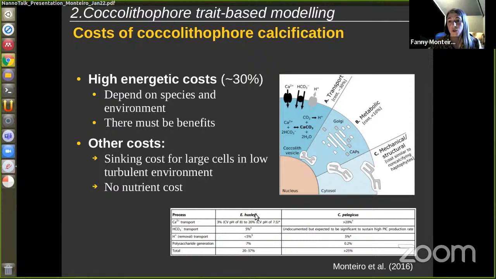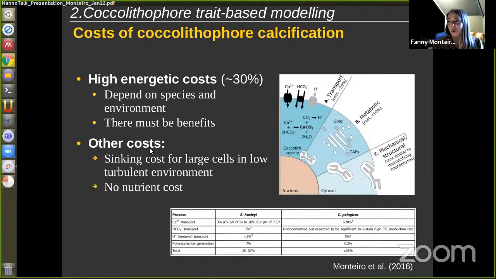We did estimates for two species, Emiliania huxleyi and Calcidiscus leptoporus, and we found that the costs vary among species and also vary with the environment. Depending on the pH, you will have smaller or bigger costs. So with such a high cost, 30%, there must be benefits. Otherwise, the organism will not bother.